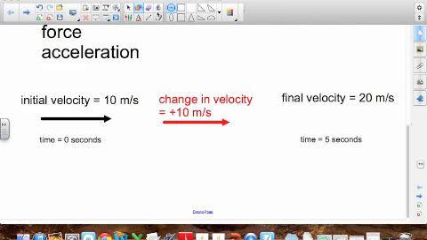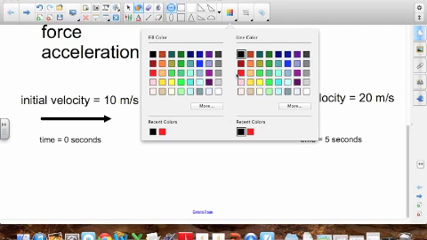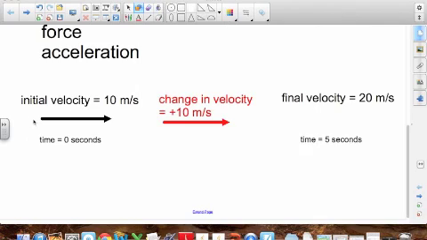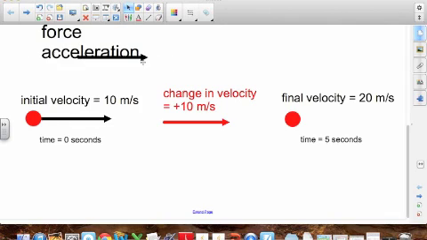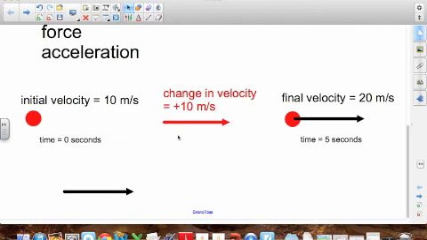Okay? The object that we're talking about, and if you'd like, it can be a little red ball, just like in the movie that we just watched. Its velocity increased by 10 meters per second. So the final velocity vector is going to be the initial velocity plus the change in velocity.